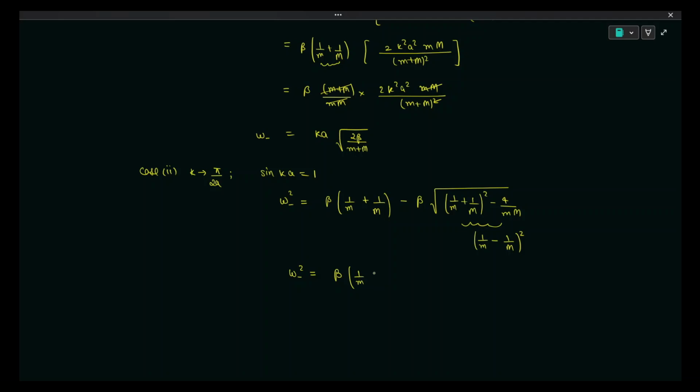So this omega minus will become beta (1 divided by small m plus 1 divided by capital M) minus beta (1 divided by small m minus 1 divided by capital M).